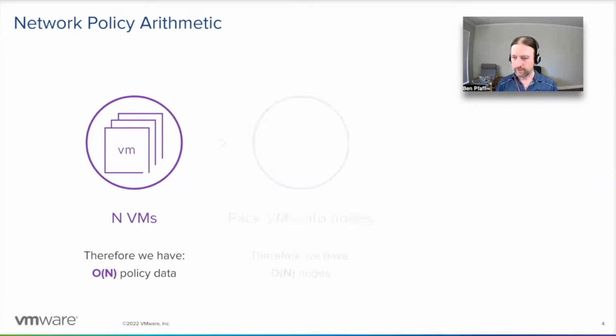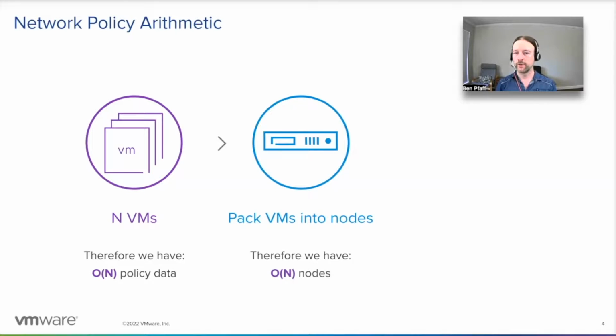So these n VMs of ours are in practice packed at least a few to a server node, but at most a constant factor. That means that in addition to O of n VMs, we also have O of n server nodes or hypervisors that are hosting them.